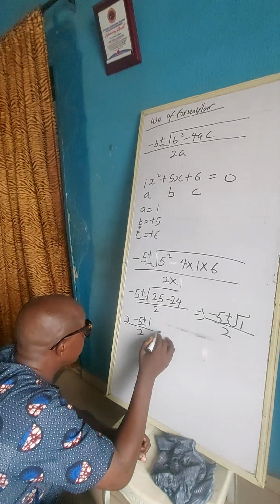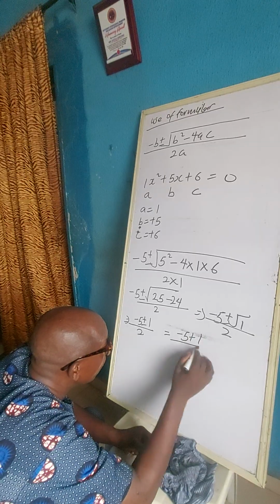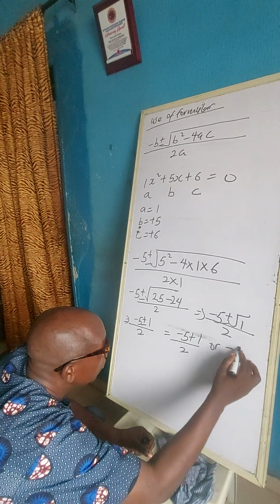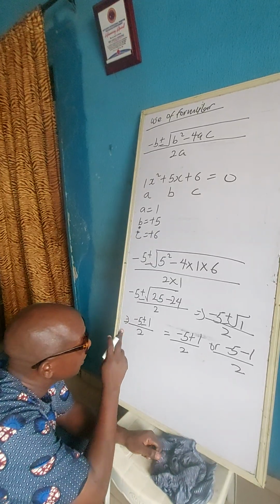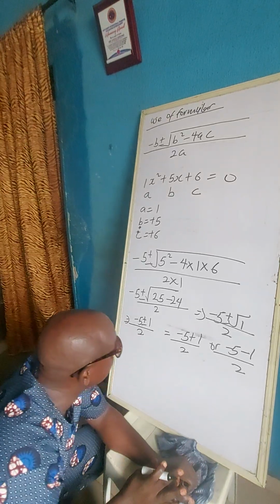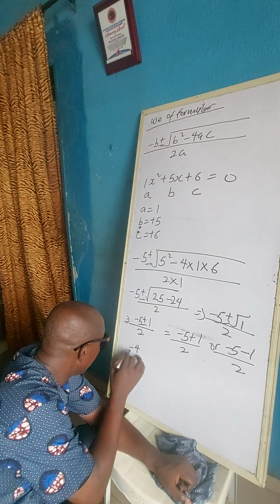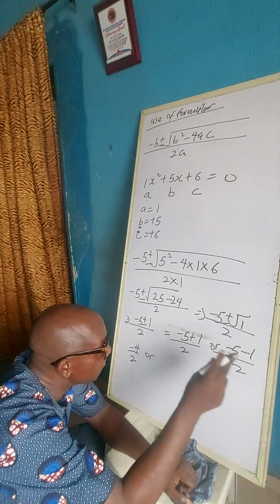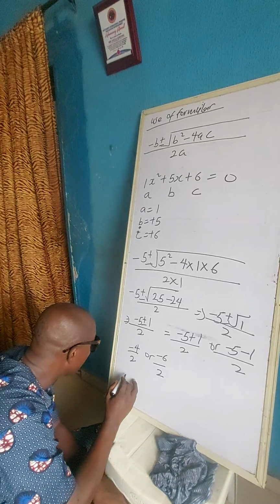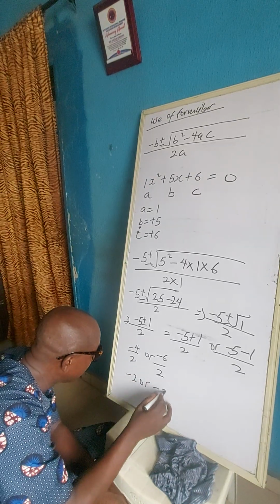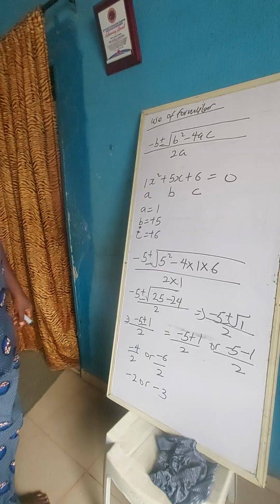It means minus 5 plus 1 over 2, or minus 5 minus 1 over 2, because this one is plus or minus. It can take plus, it can take minus. That means minus 5 plus 1 will be minus 4 over 2, or minus 5 minus 1 will be minus 6 over 2. When you divide, this one will become minus 2 or minus 3. You can see we have the same answer as the previous one.